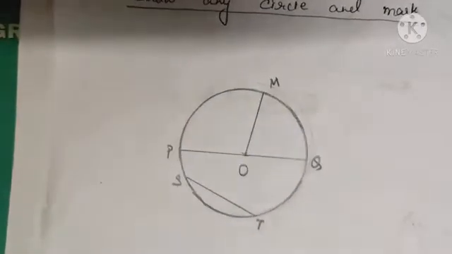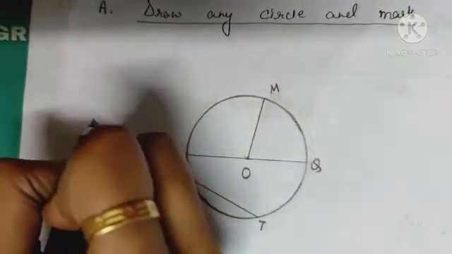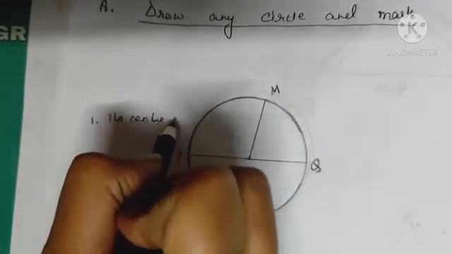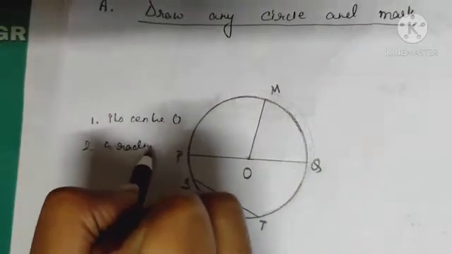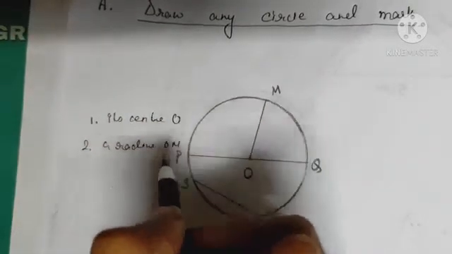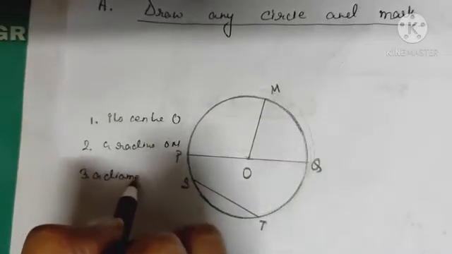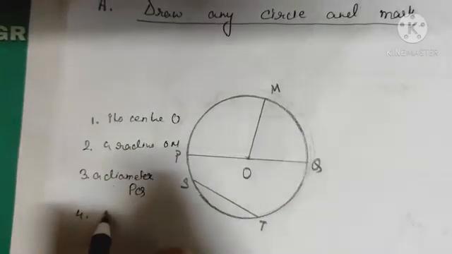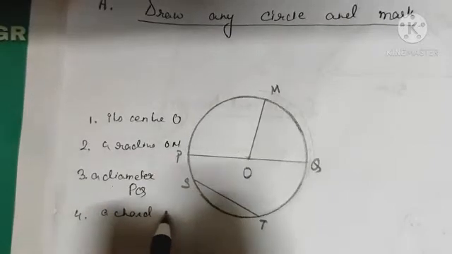Now you can also write: number 1, its center O. Number 2, a radius OM. Number 3, a diameter PQ. And number 4, a chord ST.